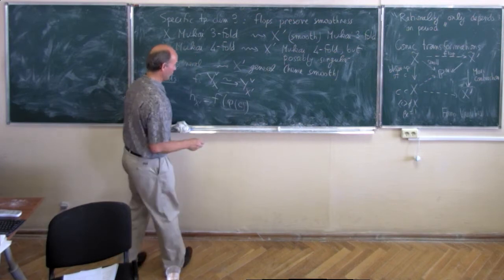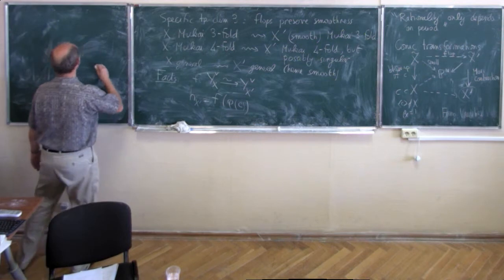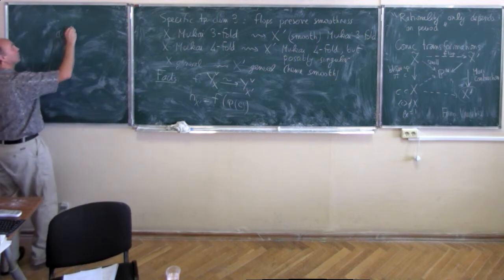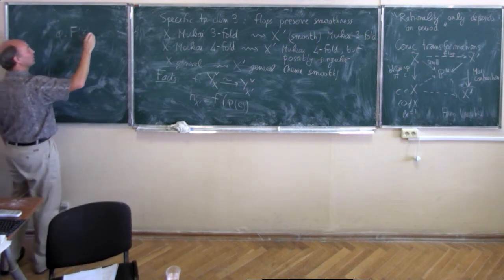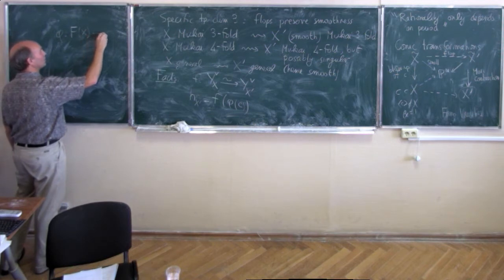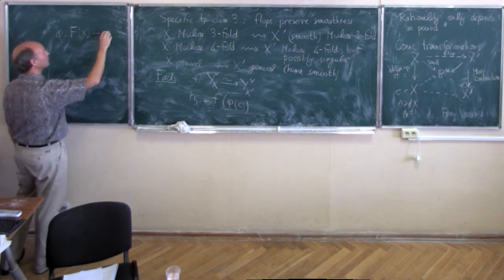So you probably don't remember what phi was, but it was this map between the space of conics to a rational map.